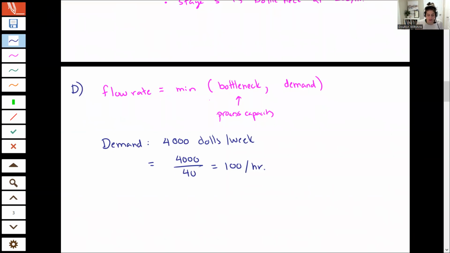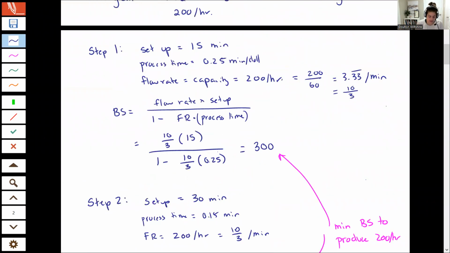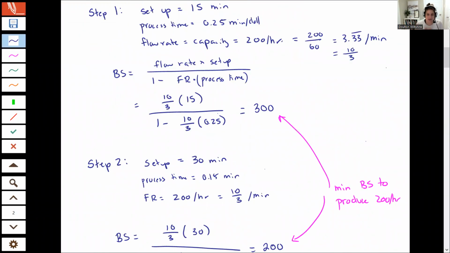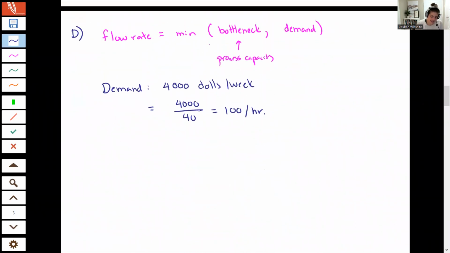If we produced under C, which I would recommend anyways, we could just work for half of the time: produce 200 per hour, stop after 20 hours, and you've made your 4,000. But that's not what this question asks us. It asks what batch size we need to use in order to deal with the current flow rate. So that's just doing the exact same process that we did, but now setting it for 100 per hour, not 200 per hour.